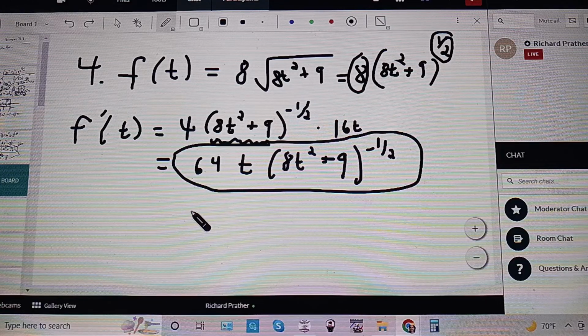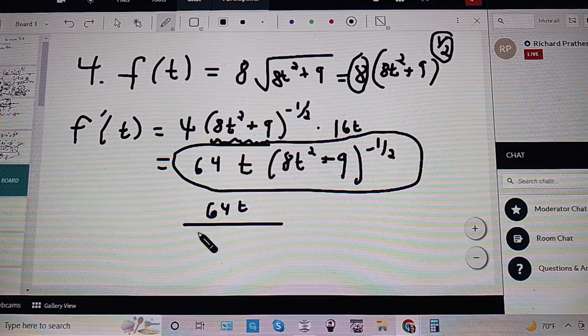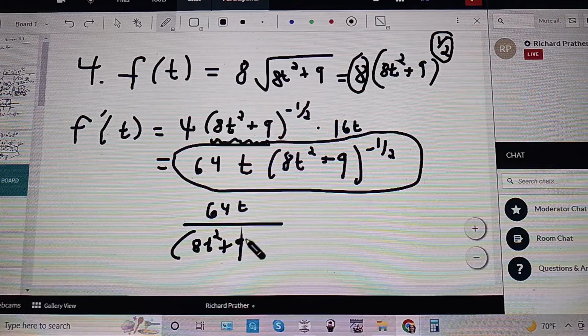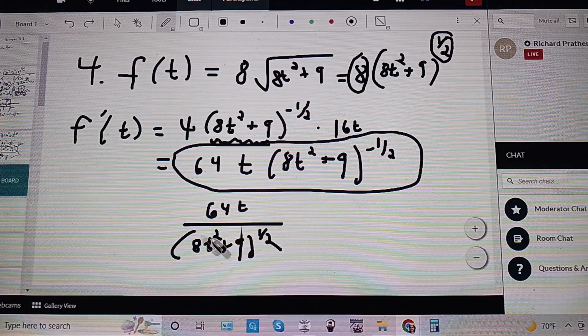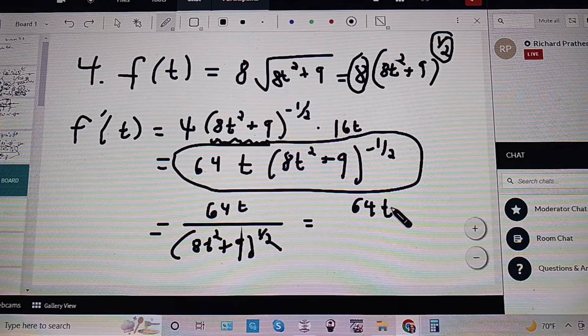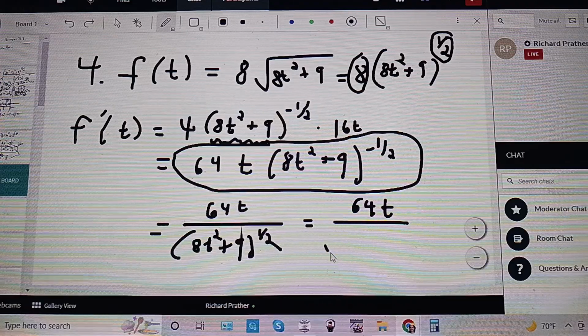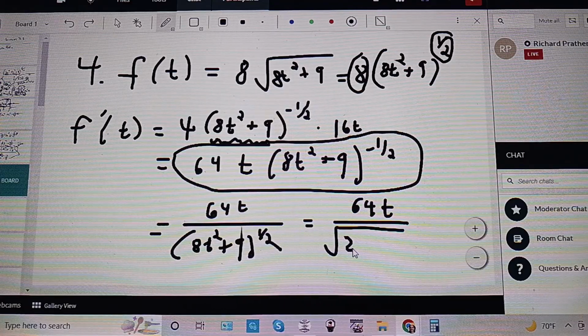But then you could say, well, I don't like negative exponents, so I'm going to put it in the bottom. 8t squared plus 9 to the positive 1/2. That's an equivalent answer. Or you could say, well, the original problem was a radical, and I just changed it to a 1/2 temporarily. What if I put it back as a radical? That's another equivalent answer. So any of these three would definitely be acceptable.